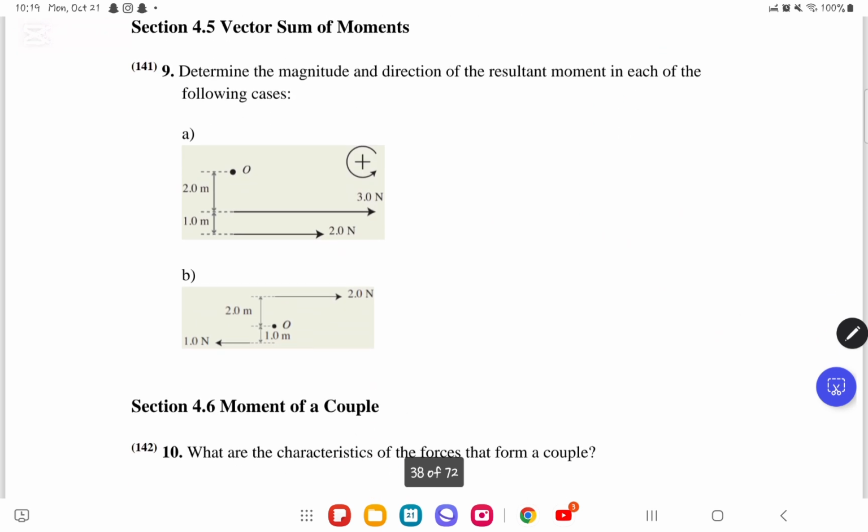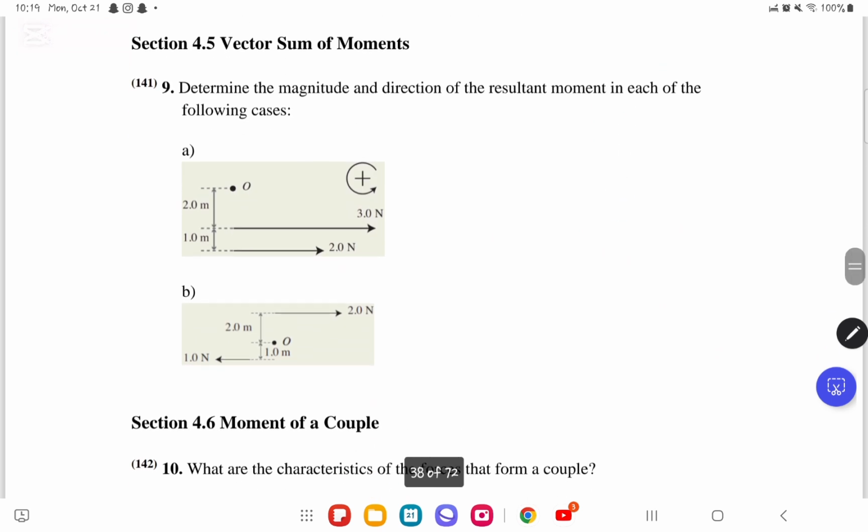Question number 9. Determine the magnitude and direction of the resultant moment in each of the following cases. First of all, when we have more than one force at the same time, we're going to add them. So we're going to have a total moment equal to the moment of the first force plus the moment of the second force.